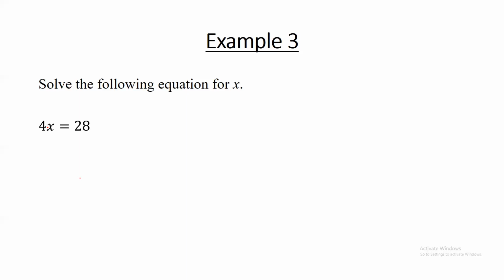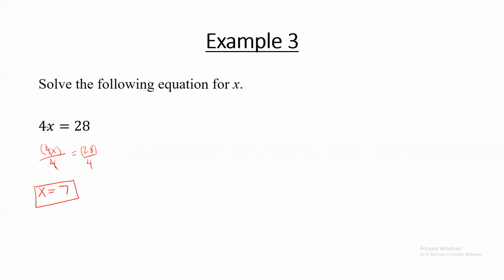It's dividing. So what we want to do is divide both the left and right side of the equation by 4. Well, multiplying by 4 and dividing by 4 cancels each other, leaving us an x. And 28 divided by 4 equals 7. The answer to the equation is x equals 7.